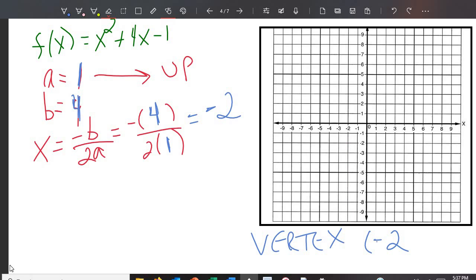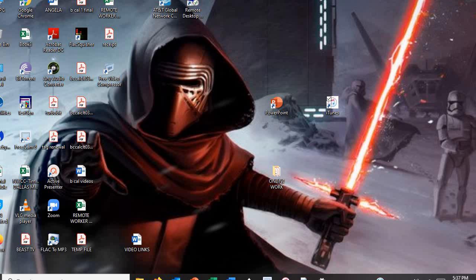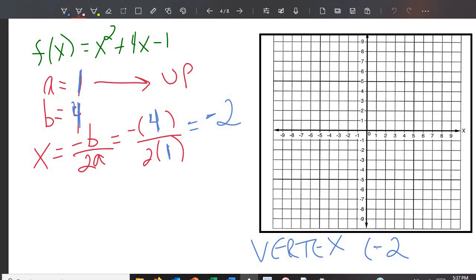Alright, let's do this. That's good enough. Line of symmetry.